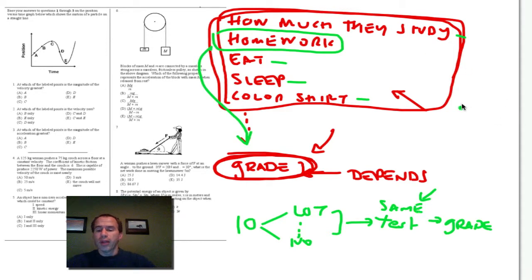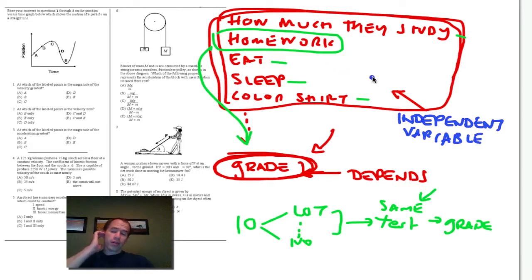In terms of terminology, everything in this box up here at the top is considered to be an independent variable. An independent variable is one that you have complete control over its value. You're independent. You're free to choose what the value of each of these variables will be.